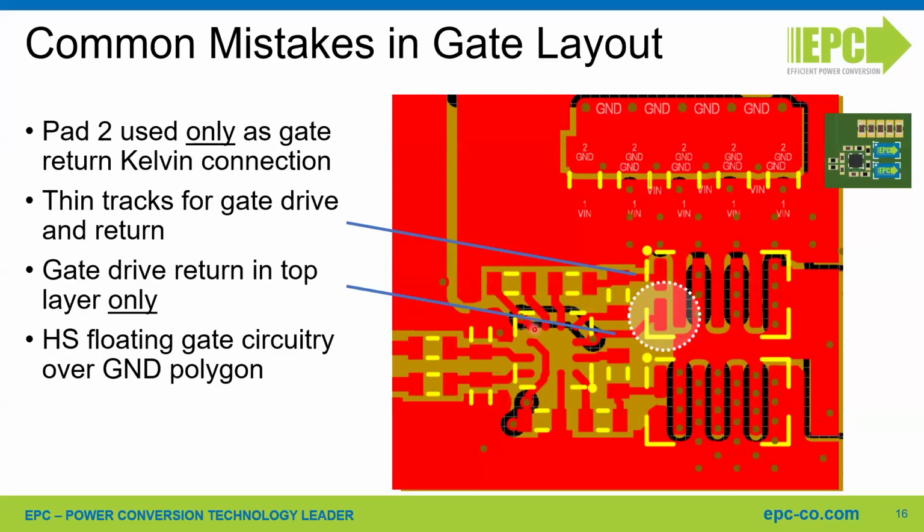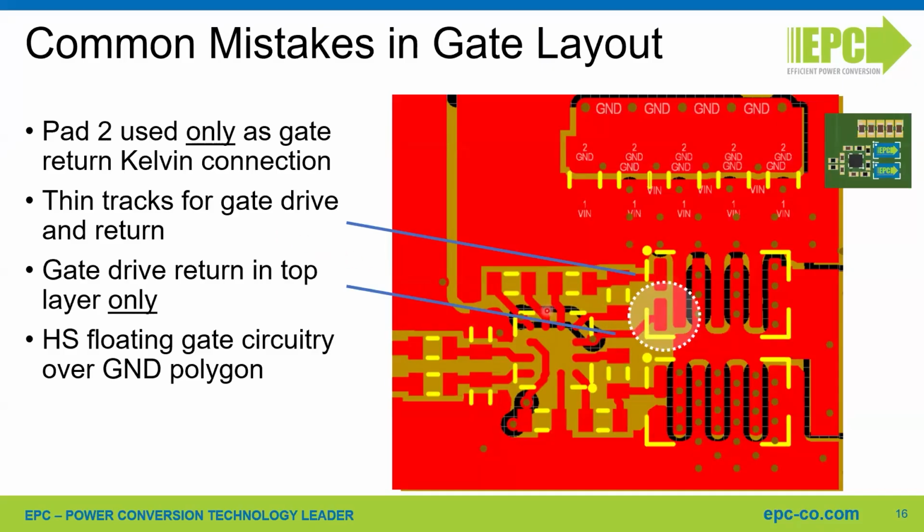So basically, this is the high side gate drive circuit, and the currents that are going to the gate of the device and are returning from the source of the device, in this case, are just returning through this top layer path.